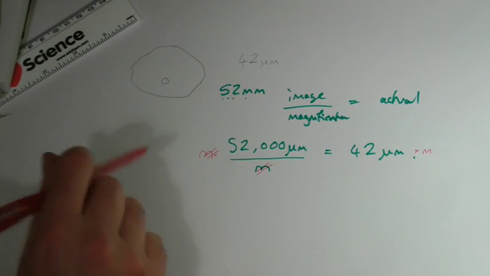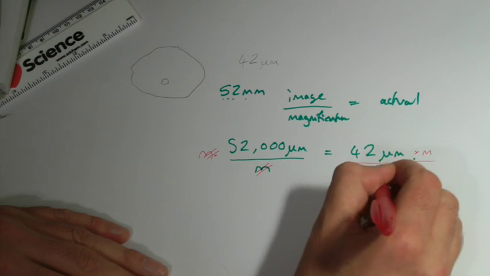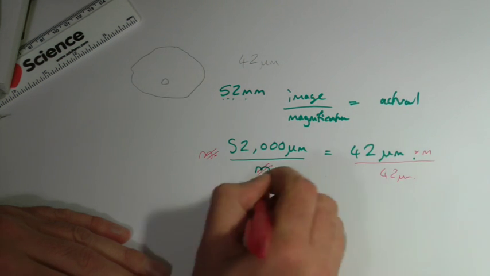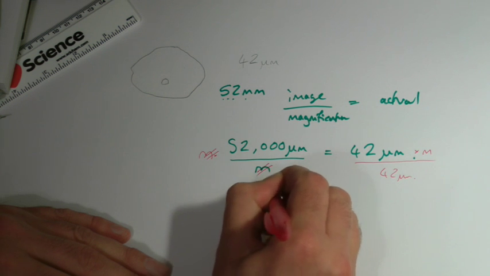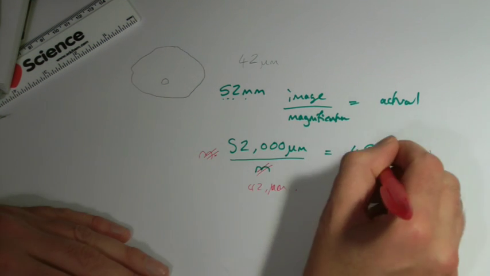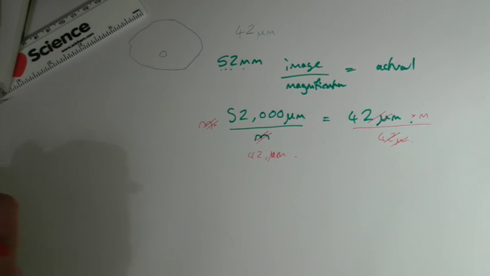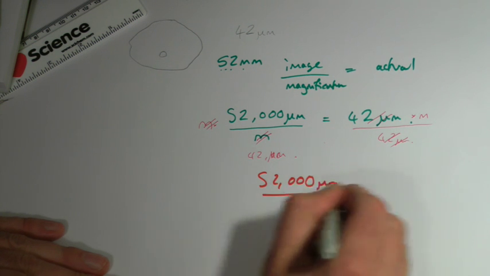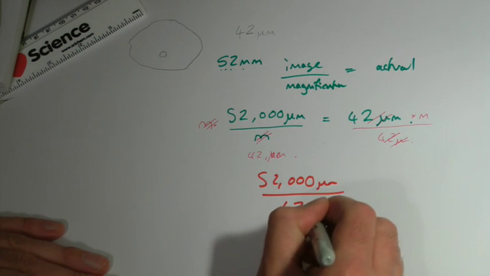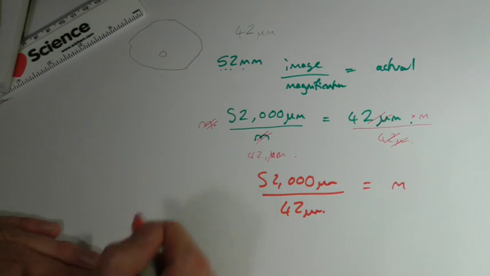To get rid of the 42, I'll divide that side by 42, and I'll put this side divided by 42. They can cancel on that side. So I've now rearranged my formula so that 52,000 micrometers divided by 42 micrometers equals my magnification.